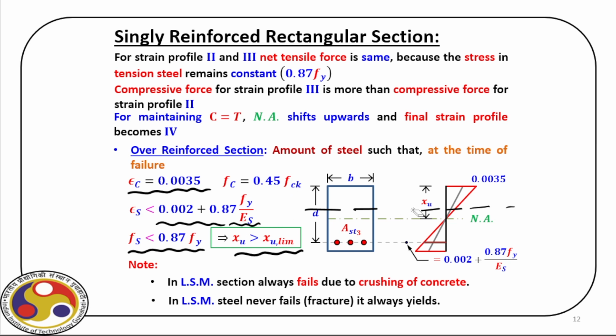Now, why is this not so economical in case of structural design? The reason is shown here. For concrete, we have gone up to the maximum level, which is fine, but for steel, we do not utilize its full property. And that's the reason it is not recommended in case of structural design.